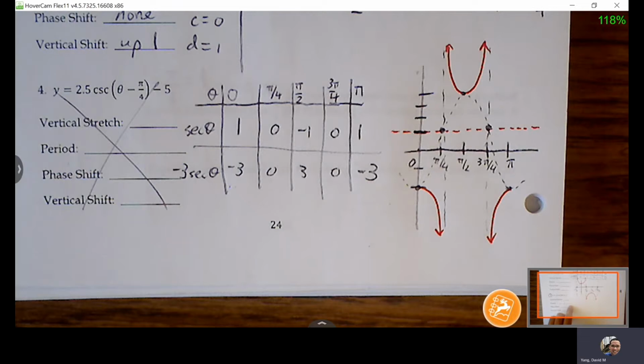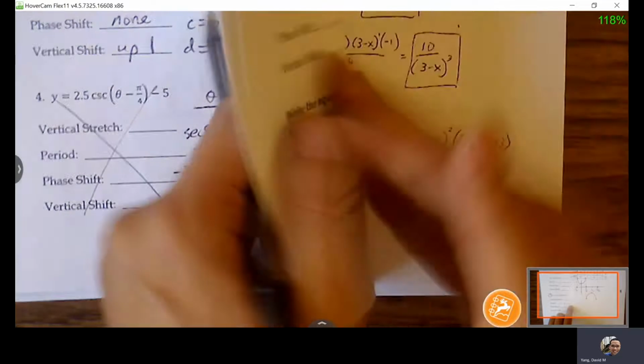This way you ensure that your graph will have an asymptote, and then the graph. Yeah, this one's a little messy. Let me show you. Wavelength is a period. Sorry about that, the wording's a little strange.